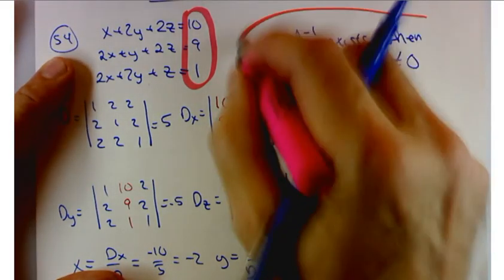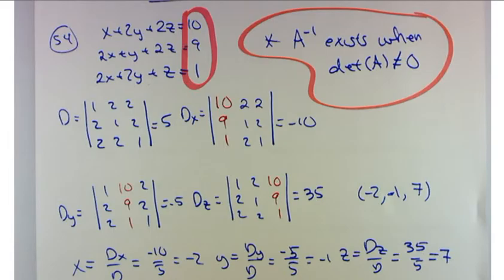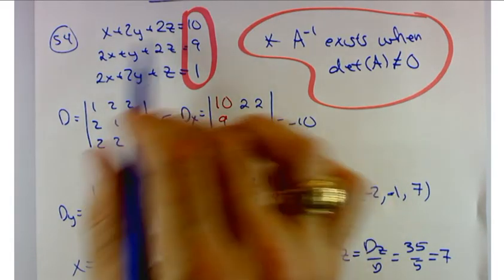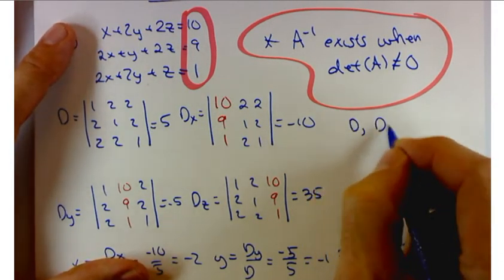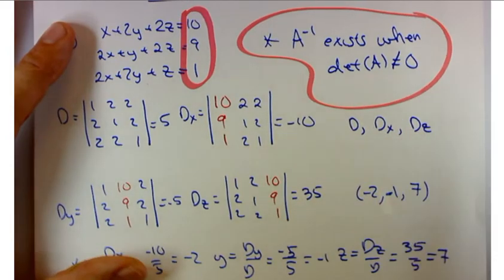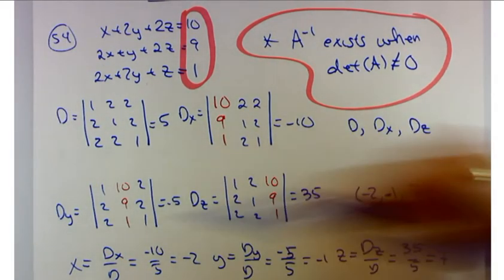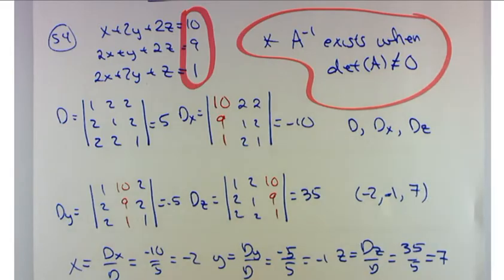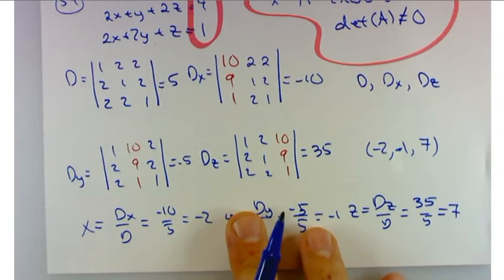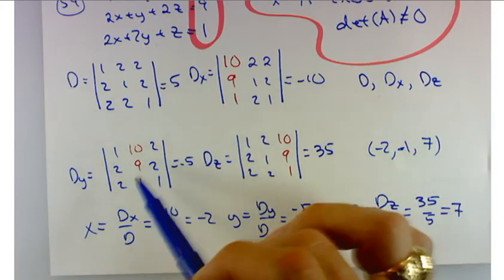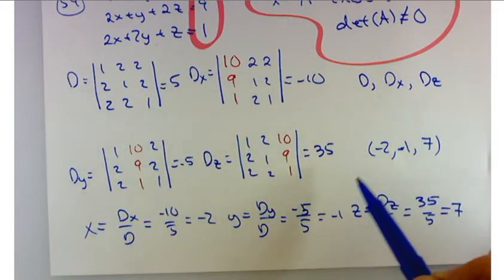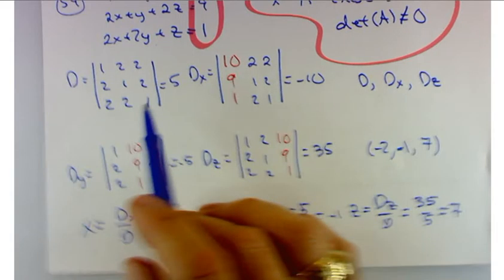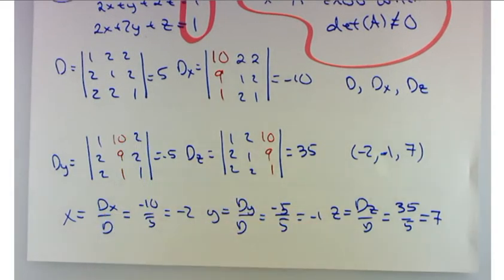But as far as a test question is concerned, typically what I'll do is give you the system of equations, and I'll give you, say, d, dx, and maybe dz. I'll give you 3 out of the 4 of these values. So the only thing I'm expecting you to be able to do is set up whichever determinant I haven't given you, and then finish the calculation. So really, I'm only asking you to do one 3x3 determinant, and even then I'm letting you use the calculator.